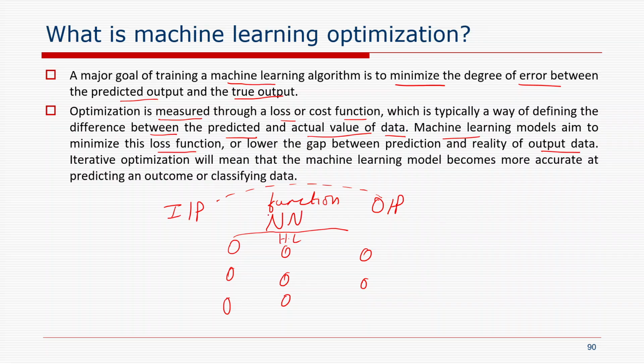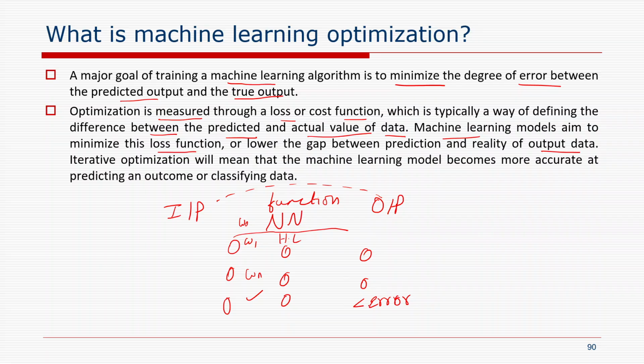When we start training this neural network, initially we start with some weight values W1, W2 up to Wn, if there are n weights. We get some error between the actual and the predicted output. Later we update these weights so that in the next iteration this error becomes further less.